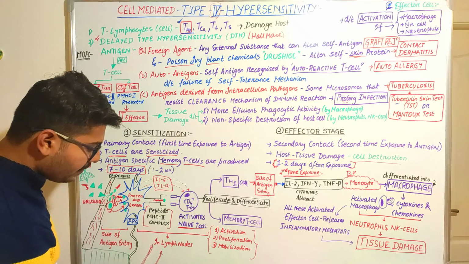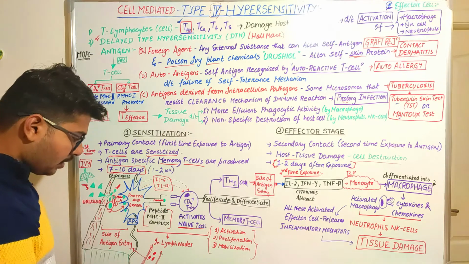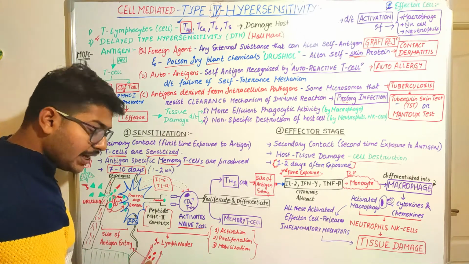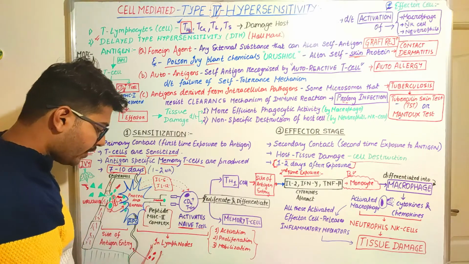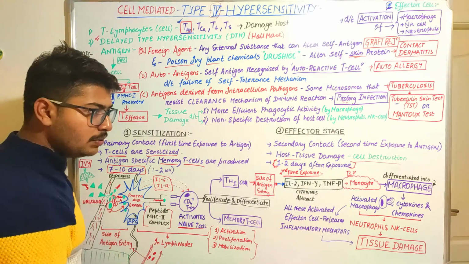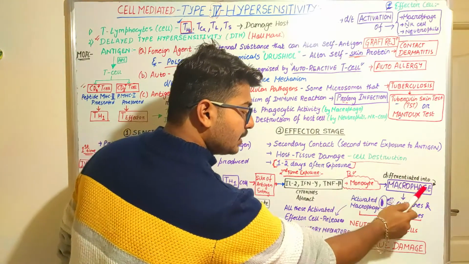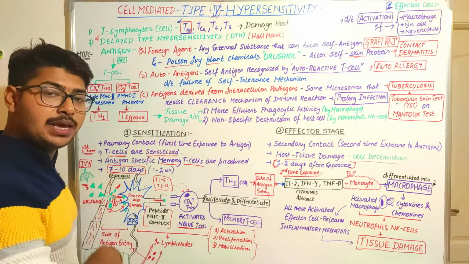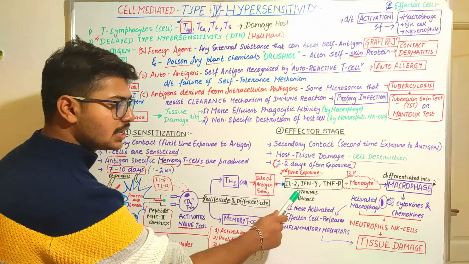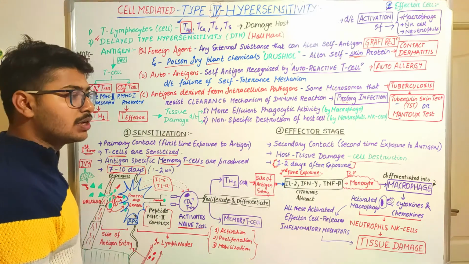From the blood vessels, the monocyte will be attracted to this region, and when the monocyte travels from the blood vessels to the tissue region, it differentiates into a form known as macrophage. This macrophage will be activated by these cytokines that are secreted by the Th1 cell.